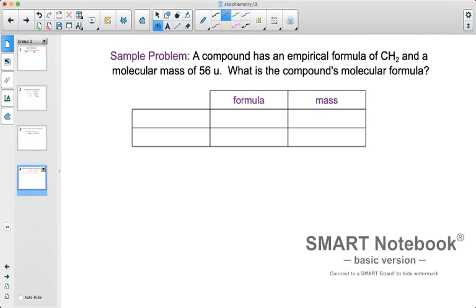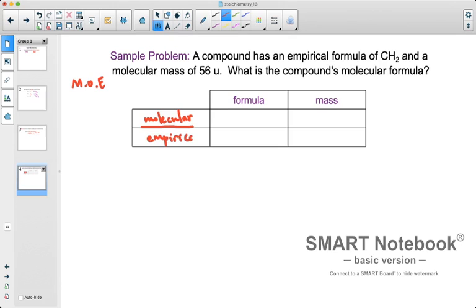Now to organize you and also myself, I tend to make a little chart for myself. And I think when I read this kind of problem, I have to remember that Mo finds the factor. So I'm going to keep it as molecular over, literally over, empirical.